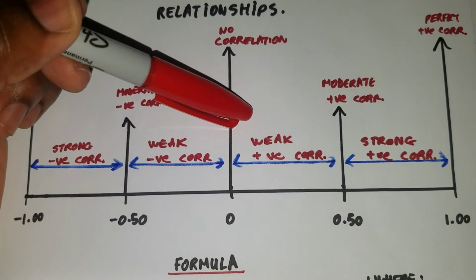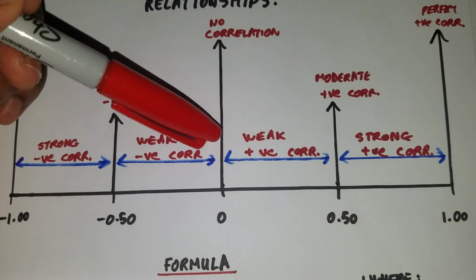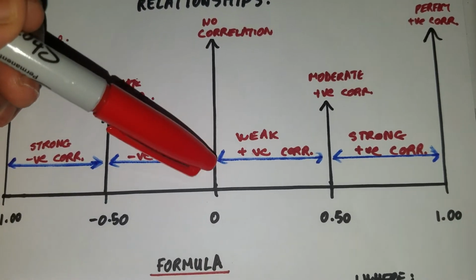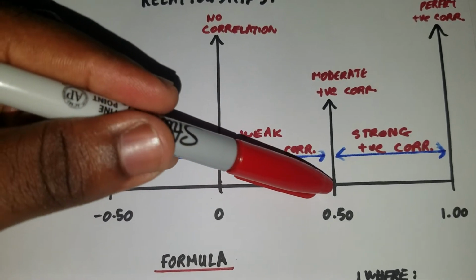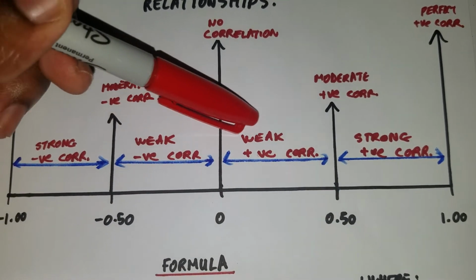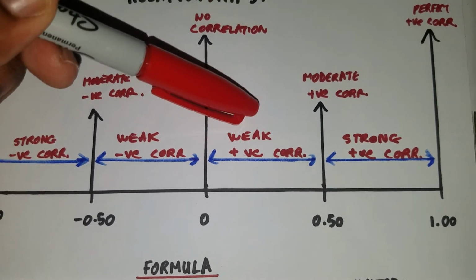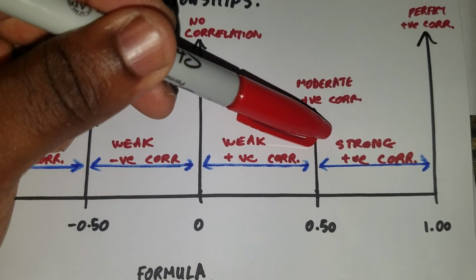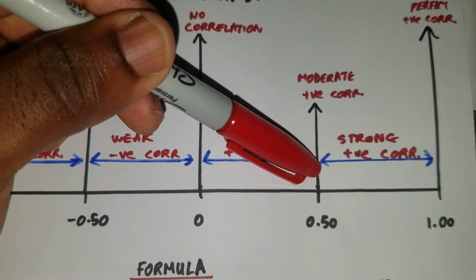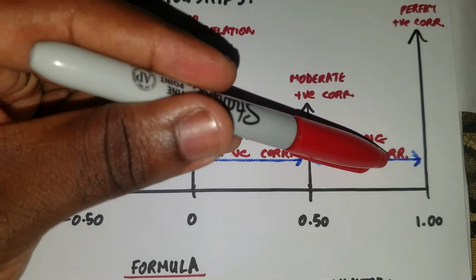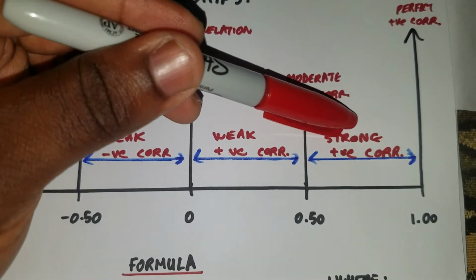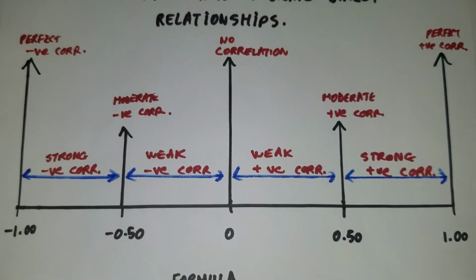The same thing applies for the positive side. If we have values from 0 to +0.5, any value within this range would be considered a weak positive correlation, while if we have values ranging from 0.5 positive to +1, it would be considered a strong positive correlation.